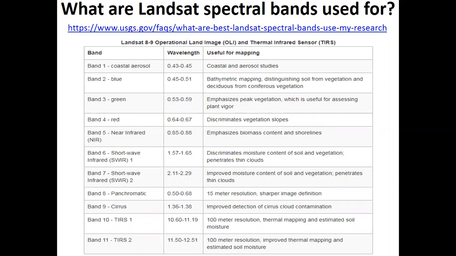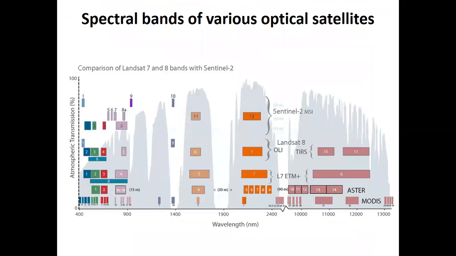So different studies require using different spectral bands. So again, the same picture. I could come back to this picture just to remind you that only this small part is visible light, and all the rest is invisible infrared light.